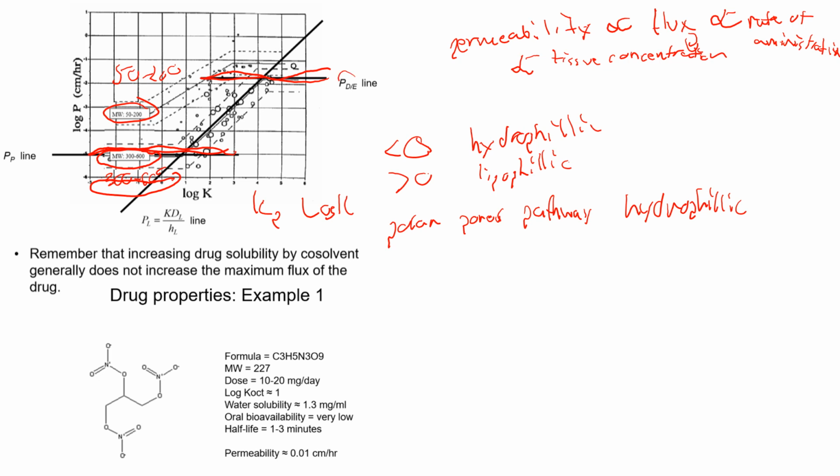Alternatively, this PDE line is known as your dermis control, in which this is essentially when the drug will move transcellularly. Right, because lipophilic drugs can pass through the cell membrane.